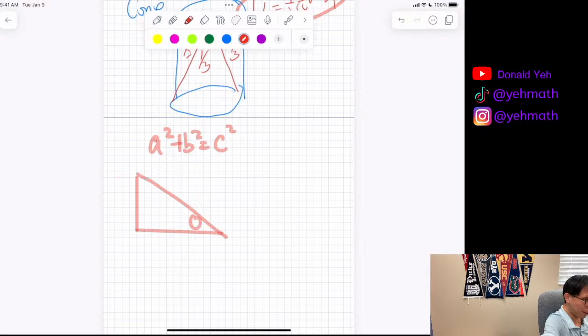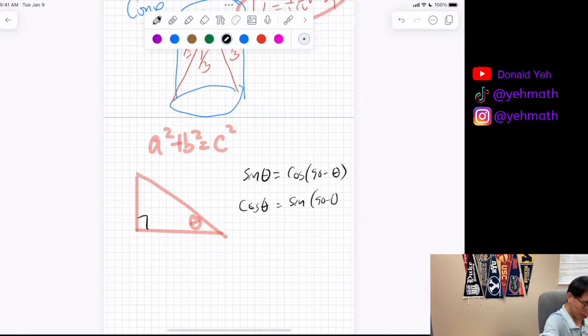Let's say I have a right triangle with an angle like this. It's called the cofunction identity. Sine of theta is equal to cosine of 90 minus theta, and cosine of theta is equal to sine of 90 minus theta. You actually use this on the unit circle.